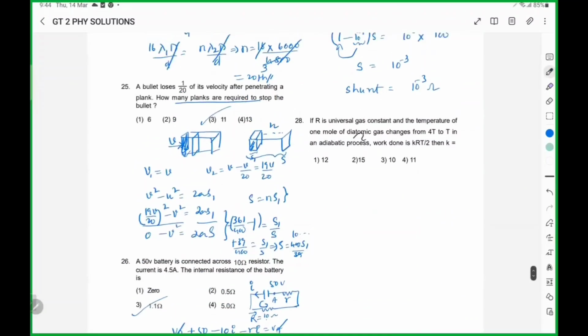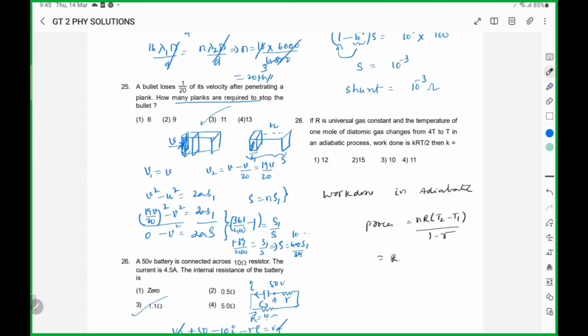R is the universal gas constant. The work done in an adiabatic process is nR into (T2 minus T1) by (1 minus gamma).